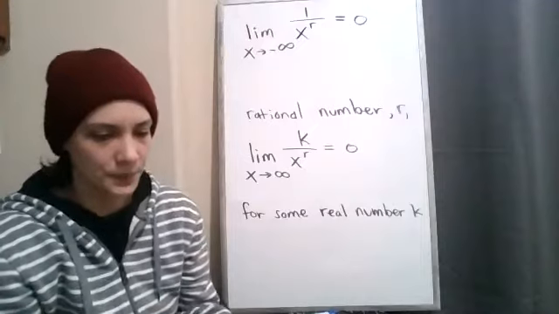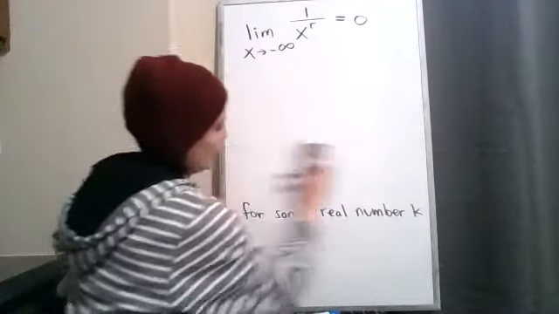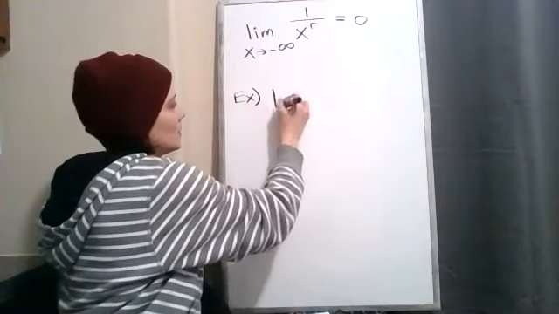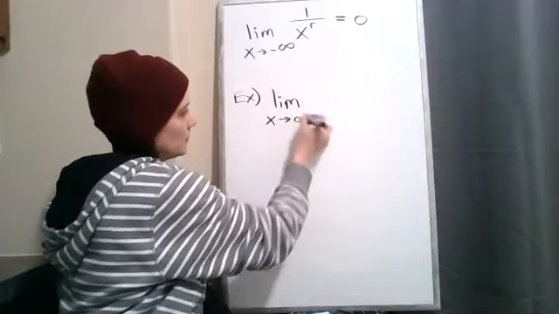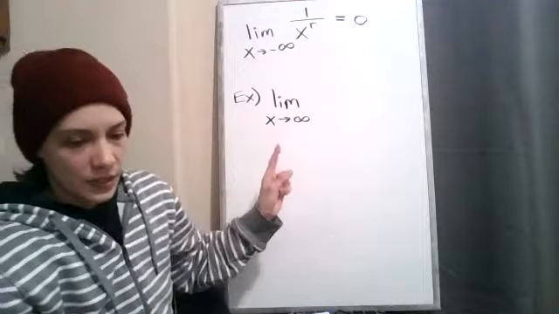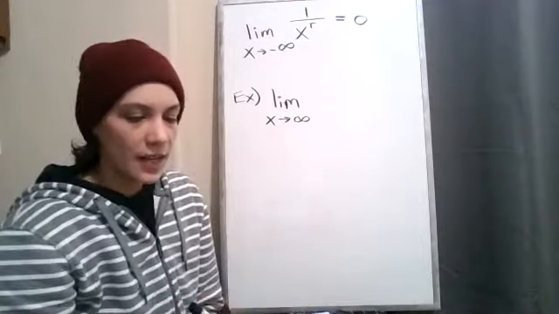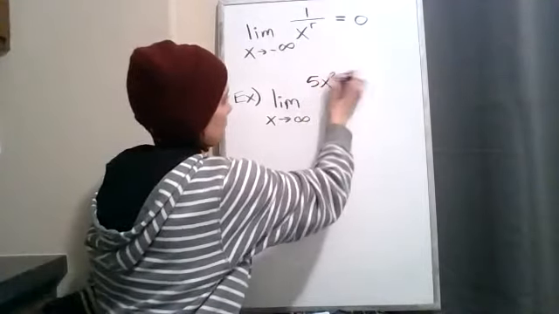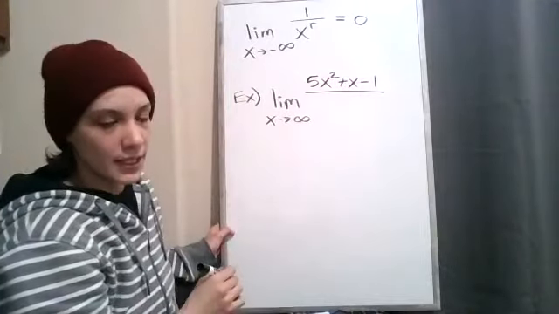Cool. Back to examples. So the limit as x goes to infinity of the function, 5x squared plus x minus 1 over 3x cubed plus 7.